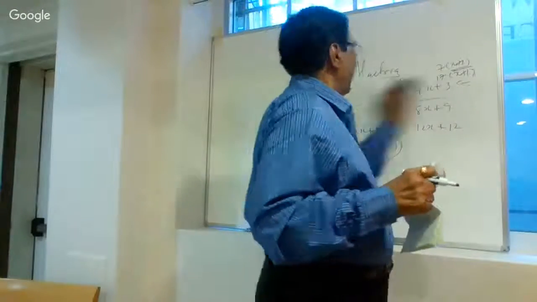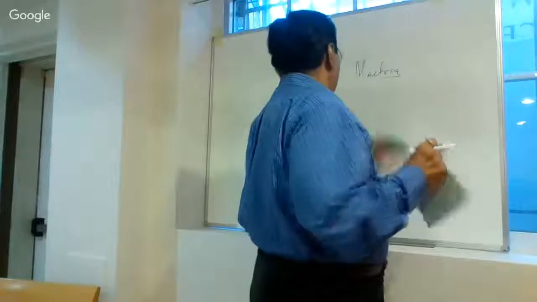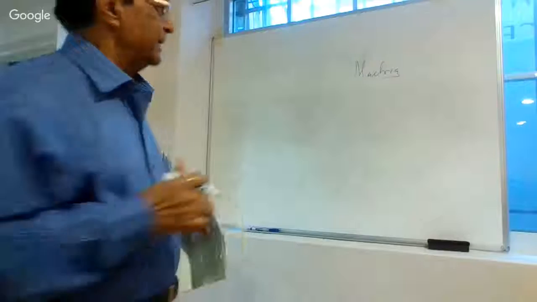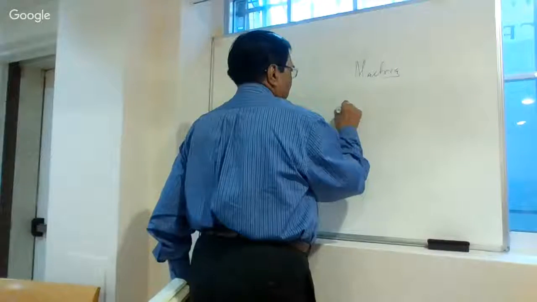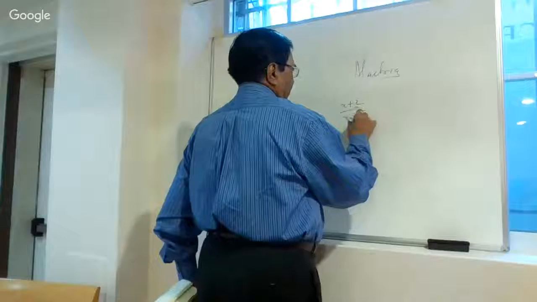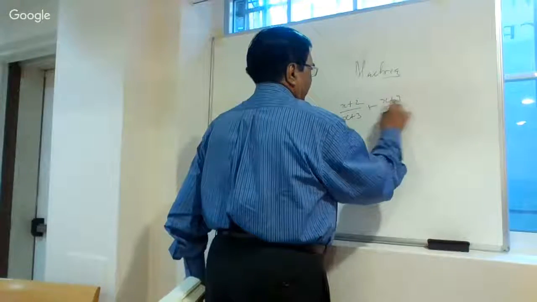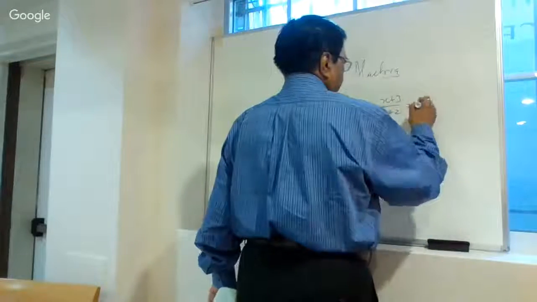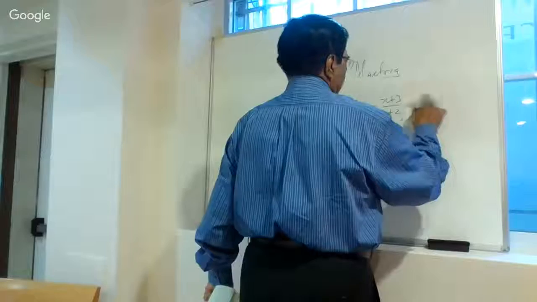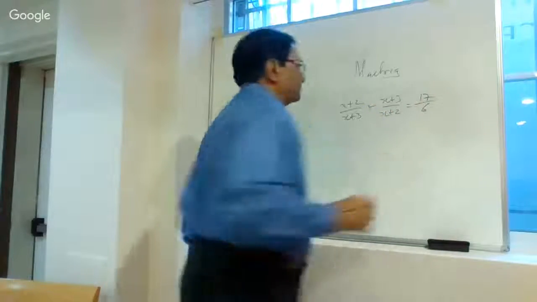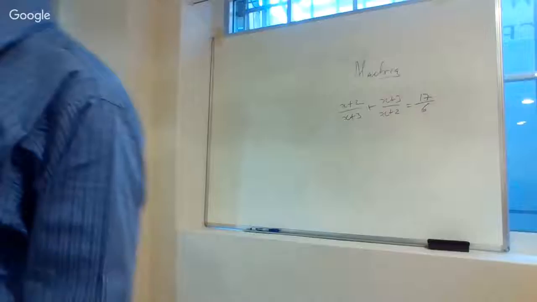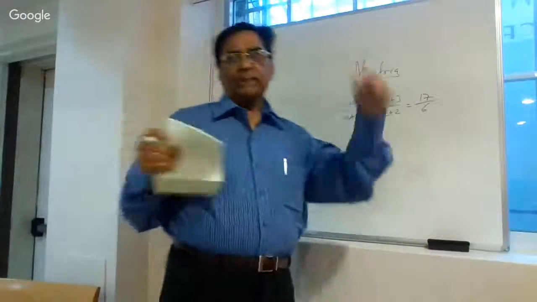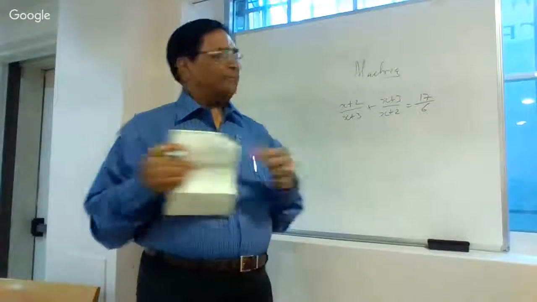Same way, see, I'm only trying to show you the method. I don't go into details at all. You can say, this is x plus 2 upon x plus 3 plus x plus 3 upon x plus 2 is equal to 17 upon 6. You know, you have to take LCM, cross multiply, simplify. Okay.